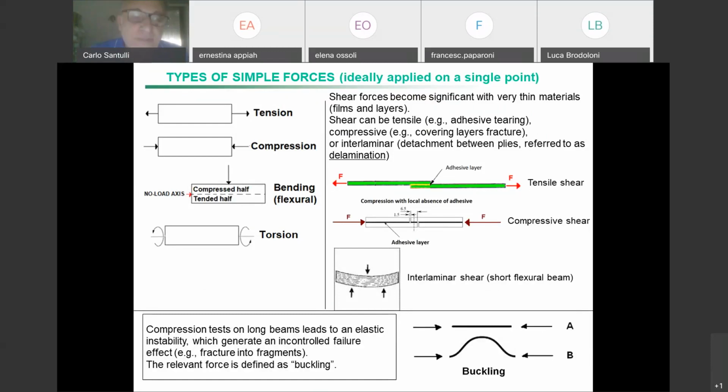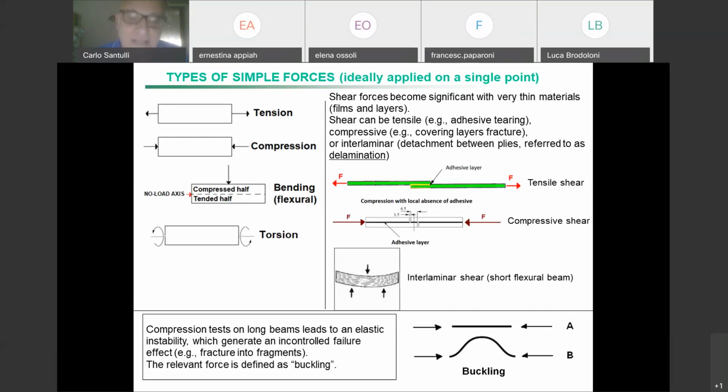So you have a half which is compressed and another half which is pulled, basically. And in the end, not all the parts of the sample are bent with the same extent of force, even if you apply an amount of force down your machine.